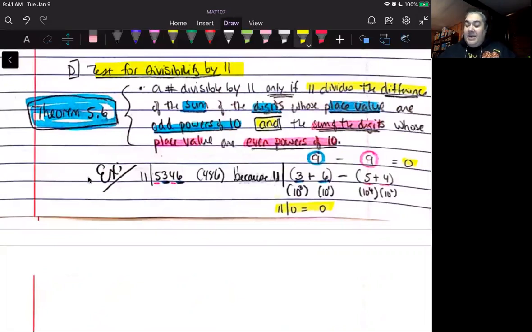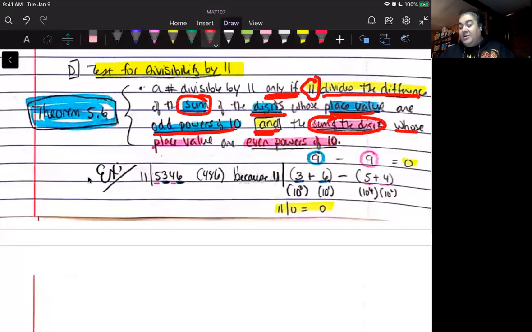A number will be divisible by 11 only if the number 11 divides into the difference between the sum of the digits whose place values are odd powers of 10, and the sum of the digits whose place values are the even powers of 10.